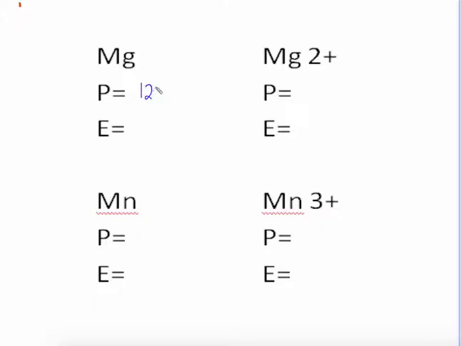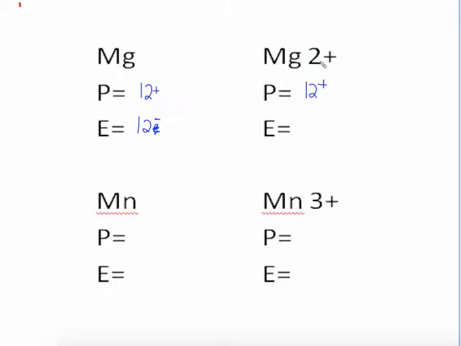Okay, let's try a couple more. Magnesium, the atom, has 12 protons and 12 electrons, because it's atomic number 12. Now, magnesium 2 plus still has 12 protons. Protons don't change.